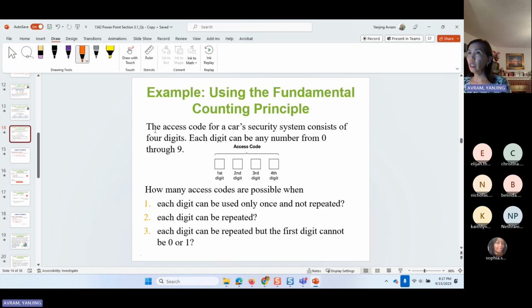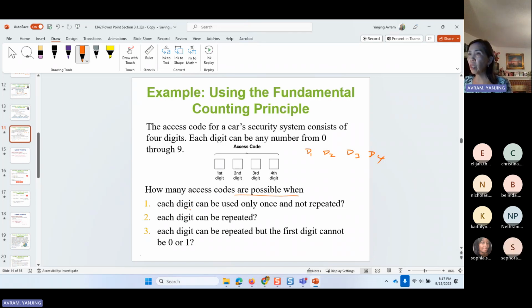This one is the access code for a car security system that consists of 4 digits. I usually call them digit 1, digit 2, digit 3, so you can just use D1, D2, D3, D4, that will work. Each digit can be from 0 to 9. How many access codes are possible?